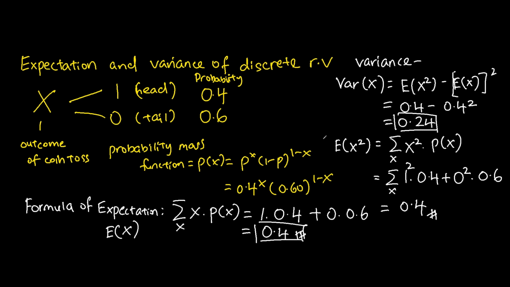Every random variable has an expectation and a variance, and we will need them because they define the type of random variable.